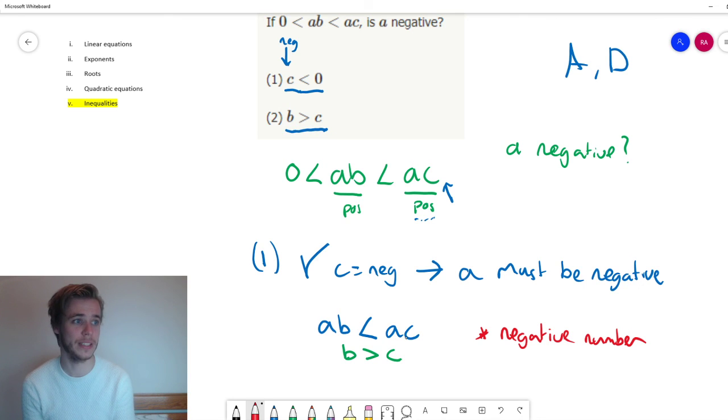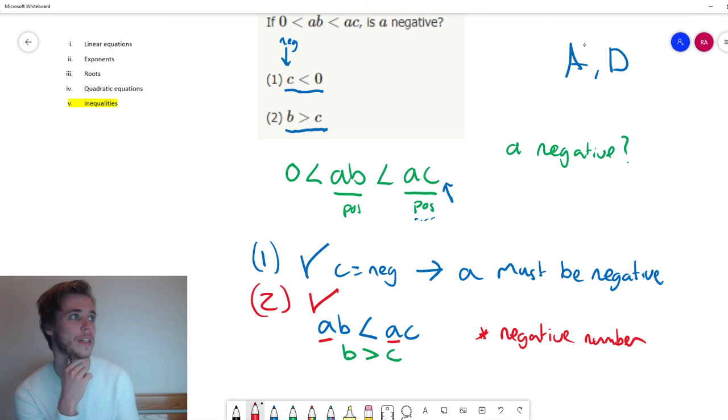However, now B is greater than C. And that is only possible if A is a negative number, because we multiply with a negative number. So the second statement is also sufficient. So it's answer D. Both are sufficient.